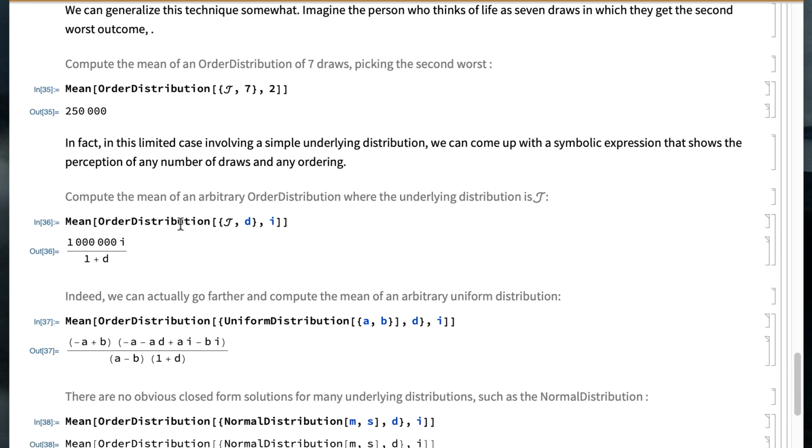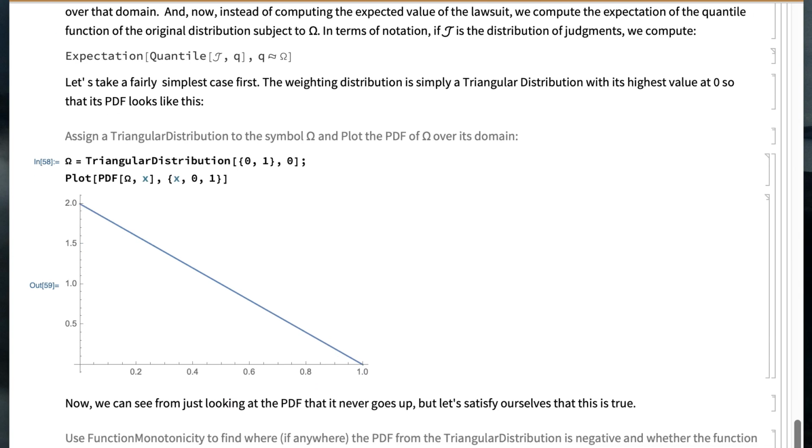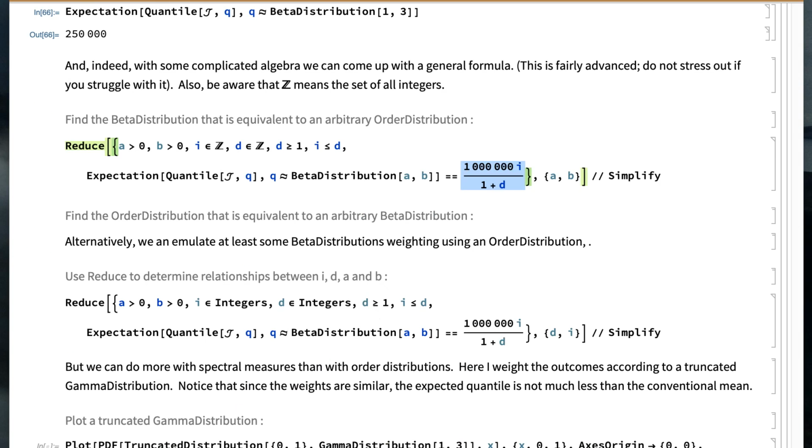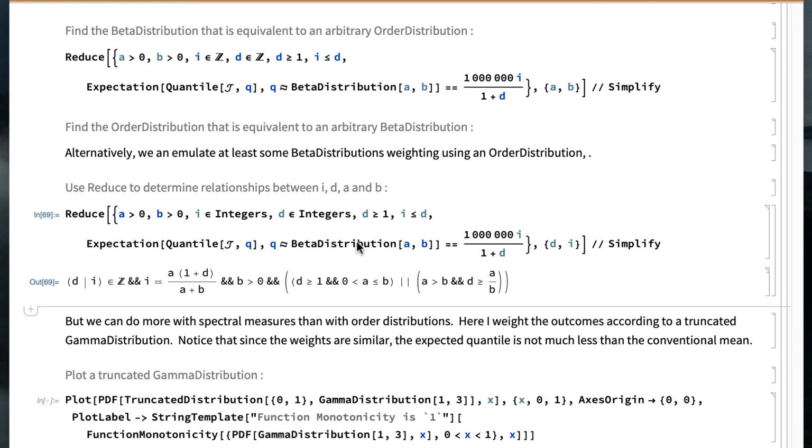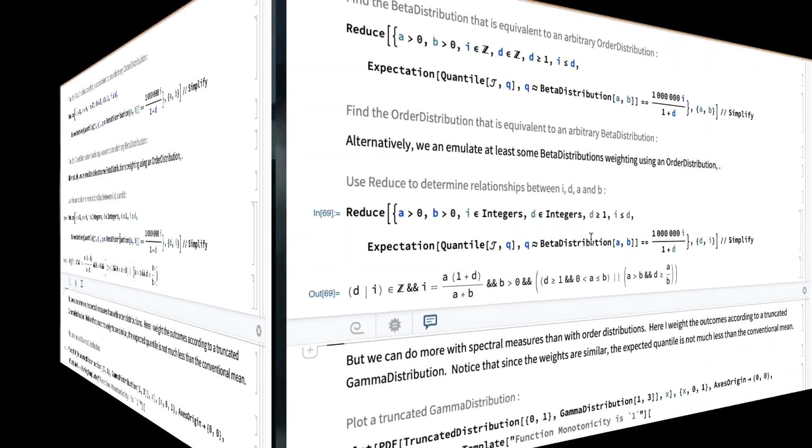Here we go. This is the mean of where you have D draws and you want the ith worst. That's the valuation created by the order distribution. And let's see if we can emulate an order distribution using this more general approach called spectral measures.